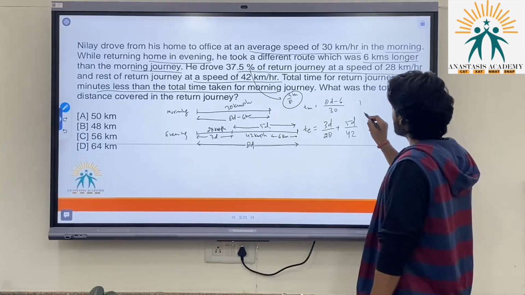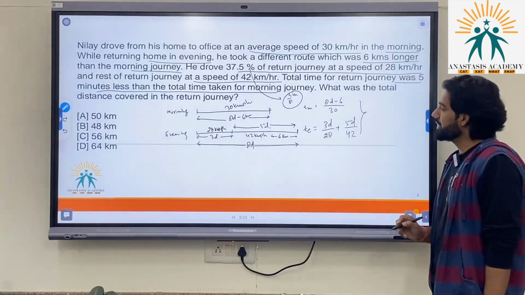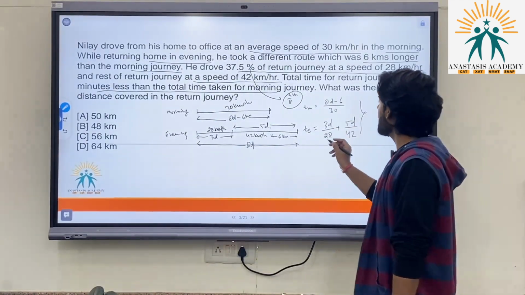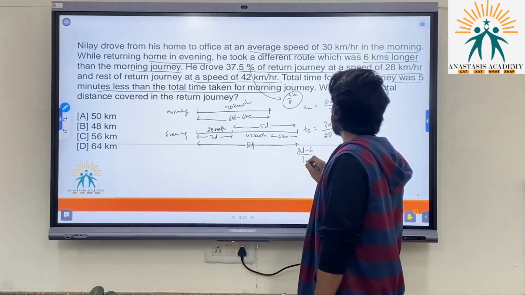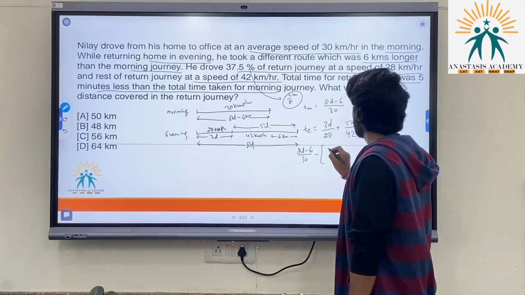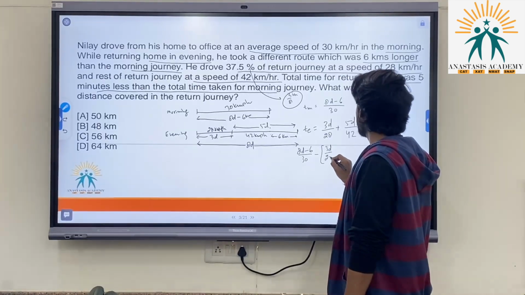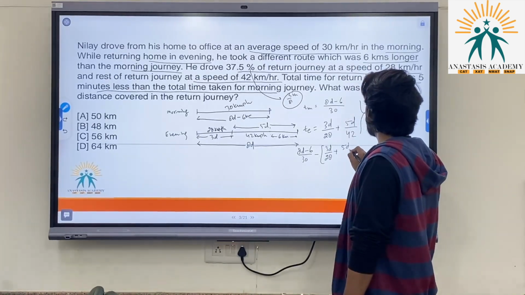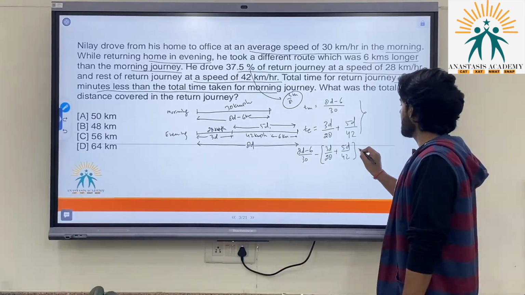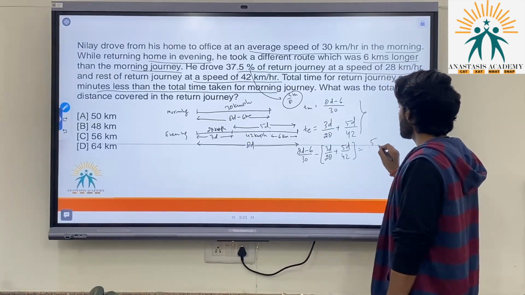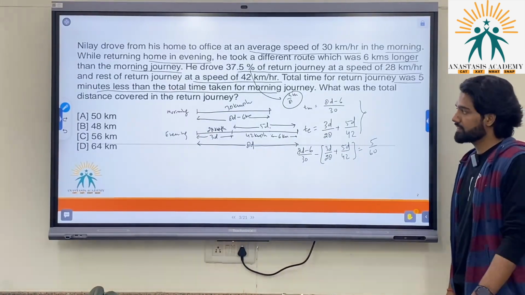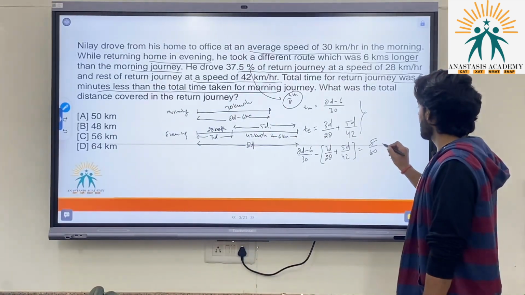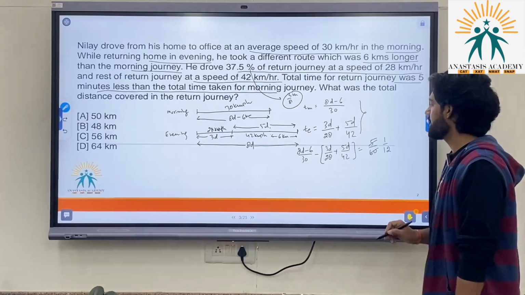The difference between these two times is 5 minutes. So (8D minus 6) upon 30 minus (3D upon 28 plus 5D upon 42) is equal to 5 upon 60, because the data is in kilometers and hours, so it becomes 1 upon 12.